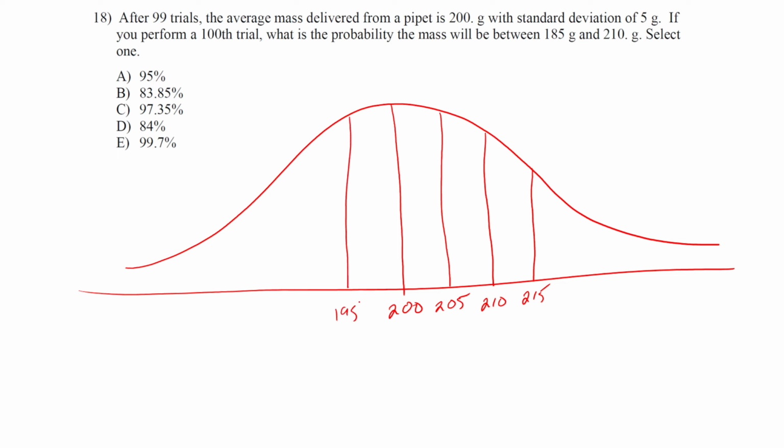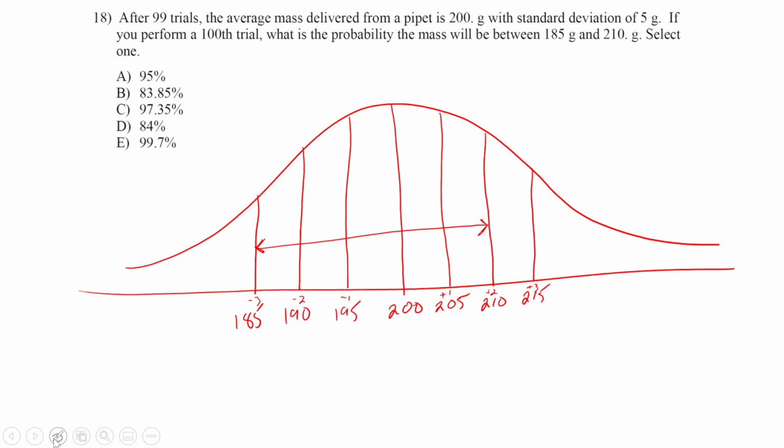Then 195, 190, and 185 for 3 standard deviations. So plus 1, plus 2, plus 3, minus 1, minus 2, minus 3. Okay, so we want to know between 185 and 210. What's the probability to be in there?